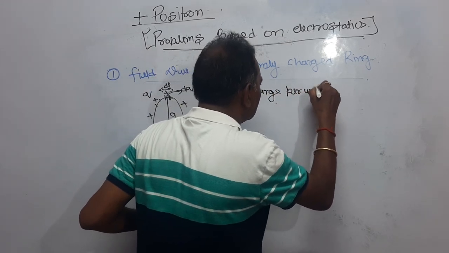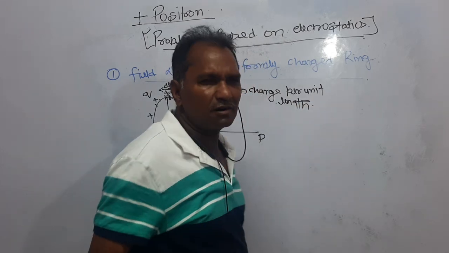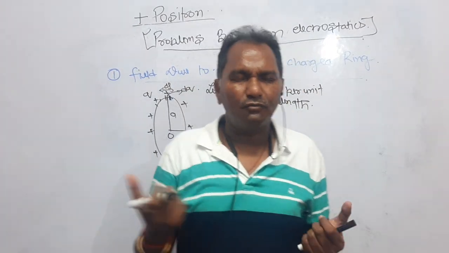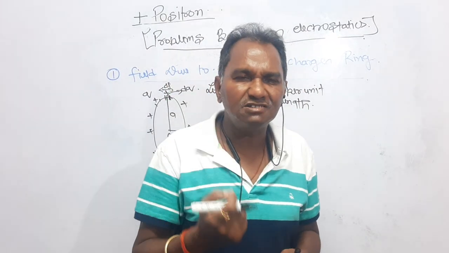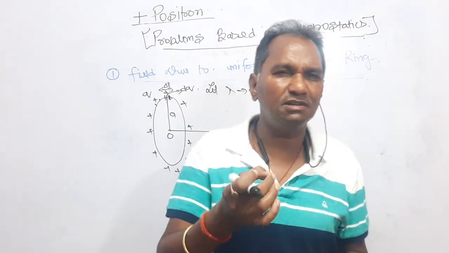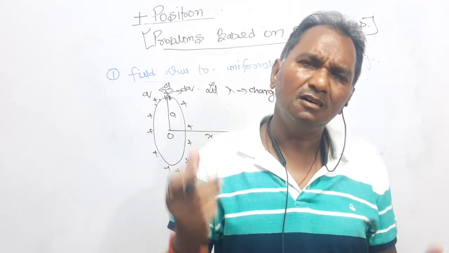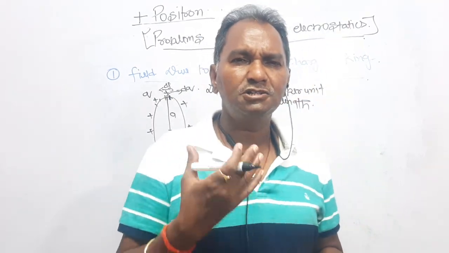Dear students, there is a bit of confusion in our mind. Sometimes we say that charge density means charge per unit volume. This is not true. Charge density might be charge per unit length, charge per unit area, or charge per unit volume. That depends on the shape of the body.